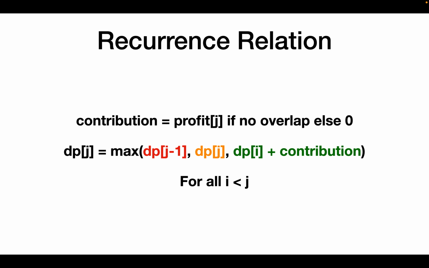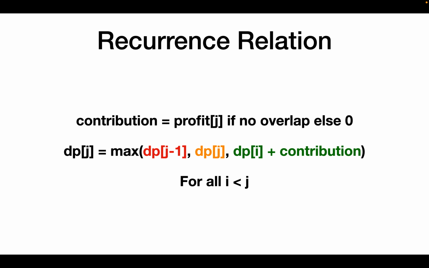Then you might want to consider the possibility that it doesn't help you, and consider the possibility that the previous job j minus 1 was the best. So here we have dp of j equals max of dp of j minus 1, dp of j, and dp of i plus the contribution of job j.